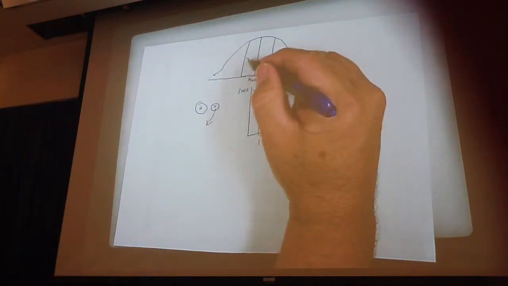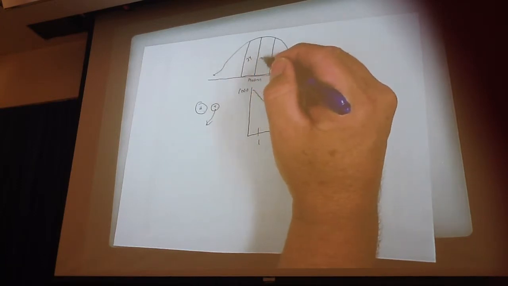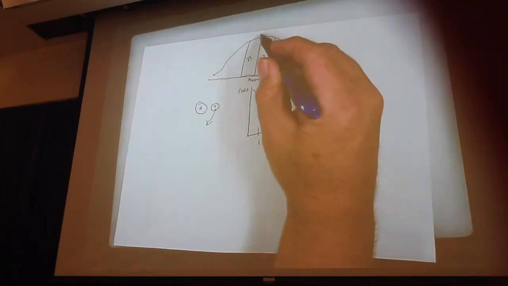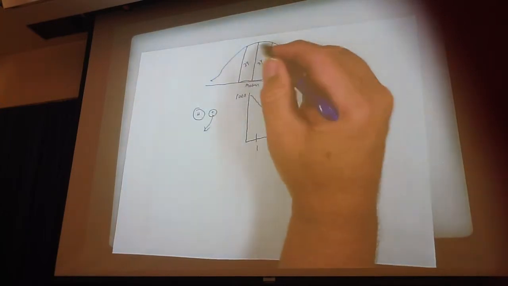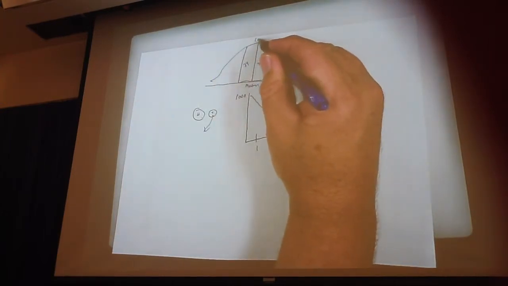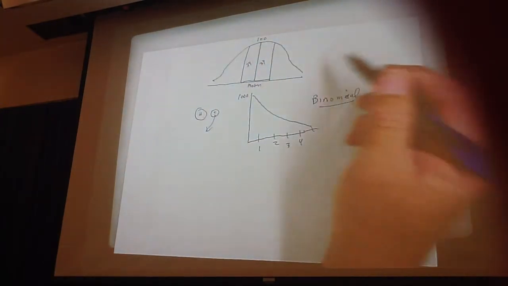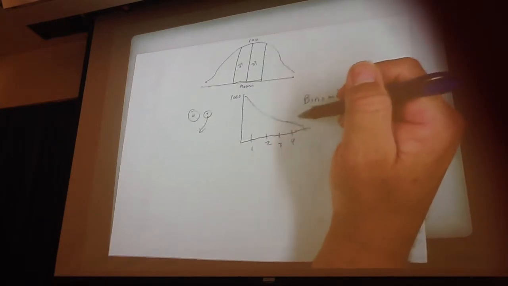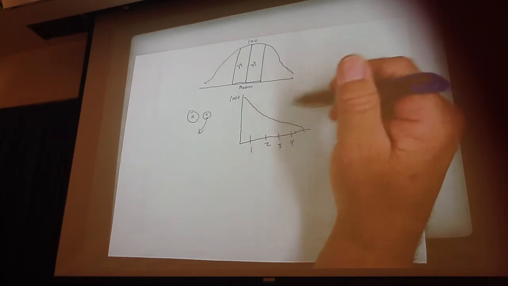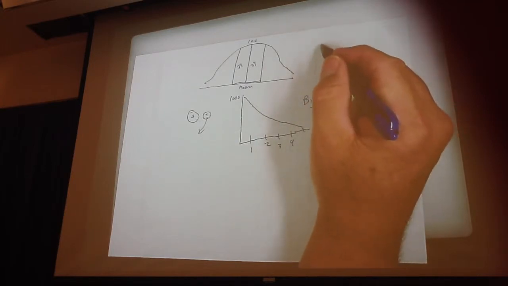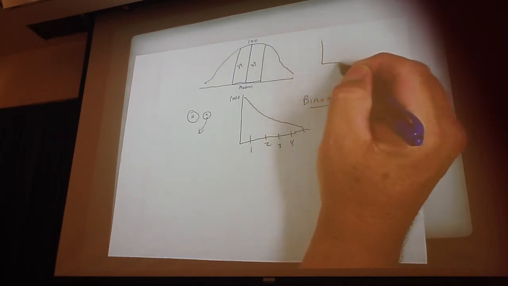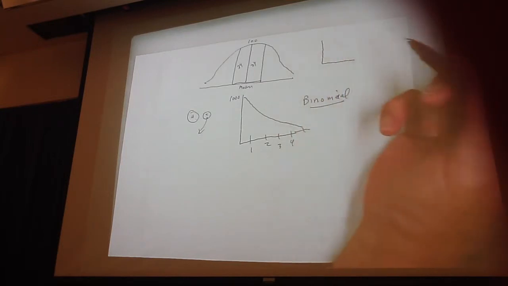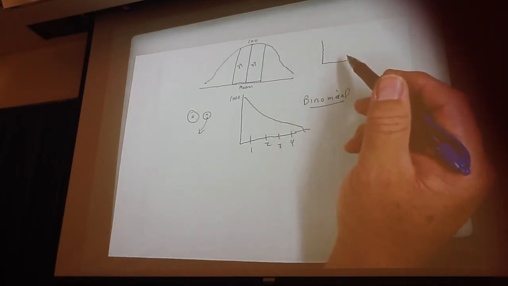So I've got 34% on this side and 34% on this side. So, for example, if my average was 100, then I would predict that any subsequent measurements of pouring pennies out on the table, I would expect to see this for one standard deviation. Or can somebody tell me, what would you expect to see?